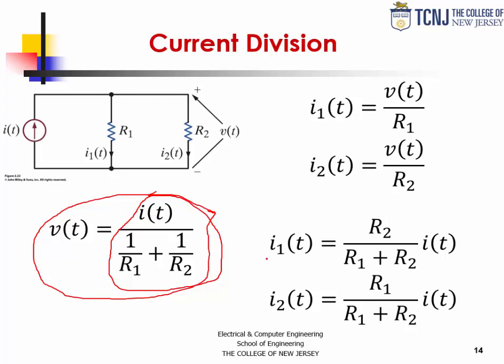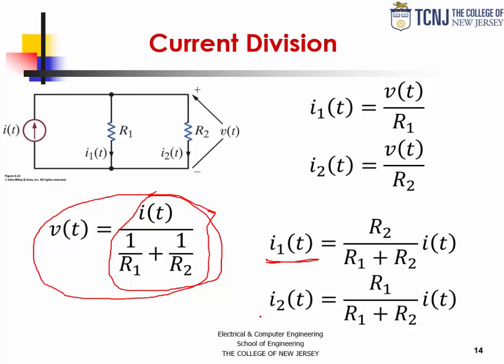I can say that the current through resistor 1 is equal to the other resistor divided by the sum of the two resistors in the network, times the total current.